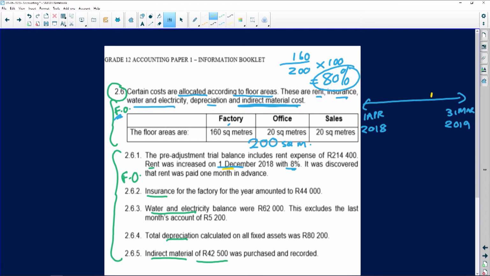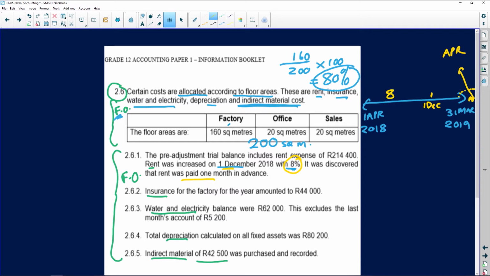Somewhere here, on the 1st of December, rent increased by 8%, and rent was paid 1 month in advance. In other words, we've already paid the rent for the month of April. I know you can't see that, but we've already paid the rent for April. On my timeline, 1st of April until the 1st of December is 8 months.